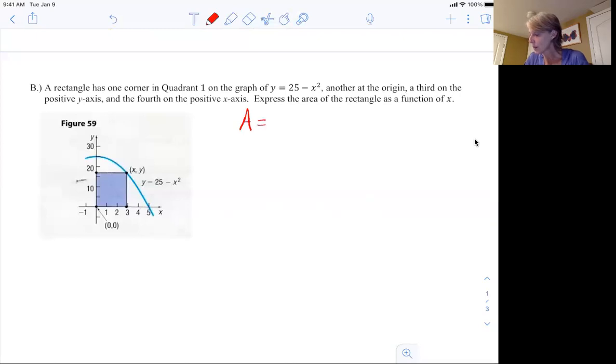We want to find a function that represents that area. If you move the point here, that area would be that. If we move the point here, the area will be that. So we're writing a function to find different areas.